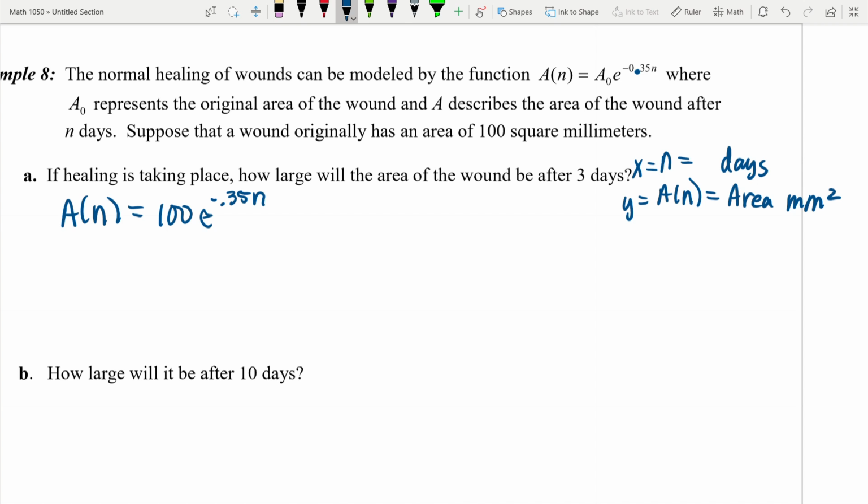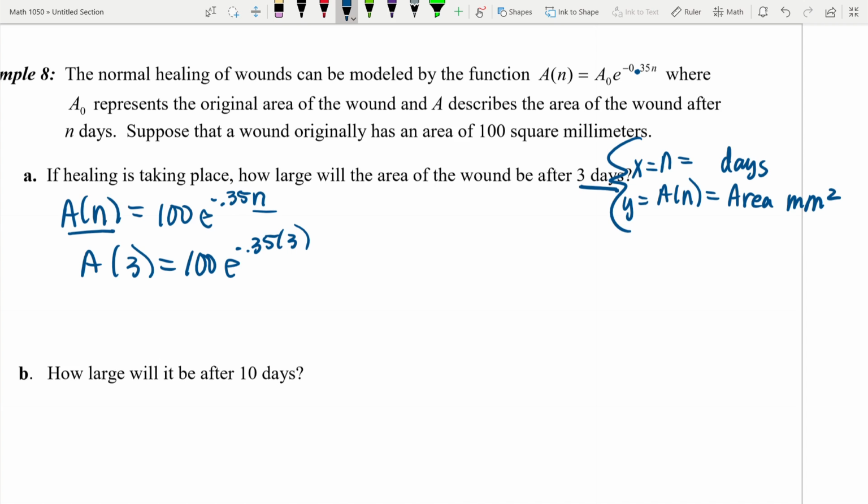The reason I did that is because I know this is 3 days, but I don't know if I should put it in A sub n or in n, and this explanation tells me that. Where do I put it, everybody? In n. So everybody go, A of 3 is 100e to the negative 0.35 times 3.